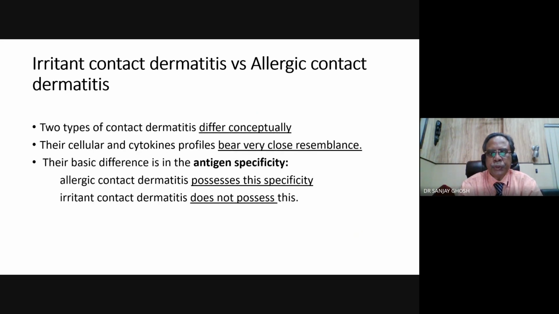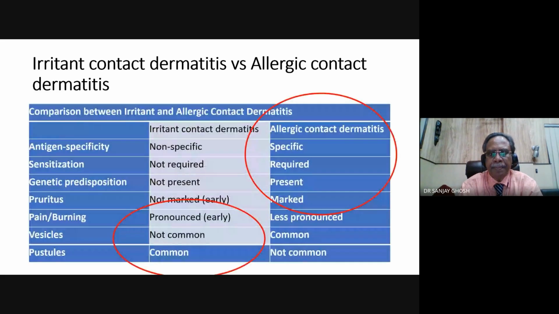Now, conceptually, the two types of contact dermatitis, irritant and allergic, differ, but they have very close resemblance in the cellular and cytokine profile. Ultimately, the basic difference remains in the antigen specificity. Allergic contact dermatitis possesses this specificity, but irritant doesn't.